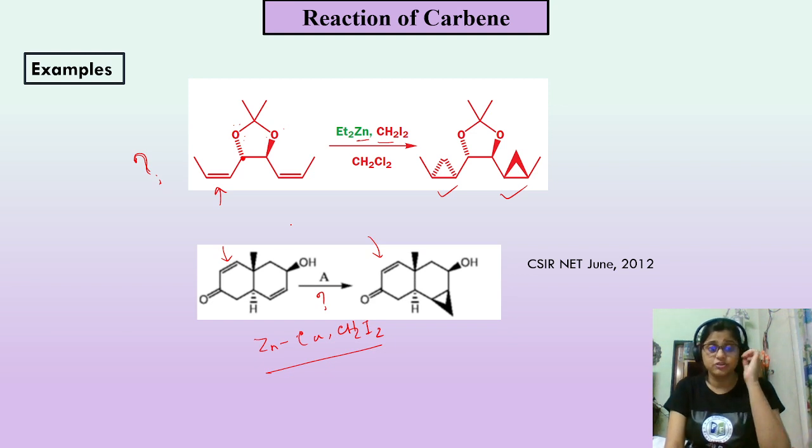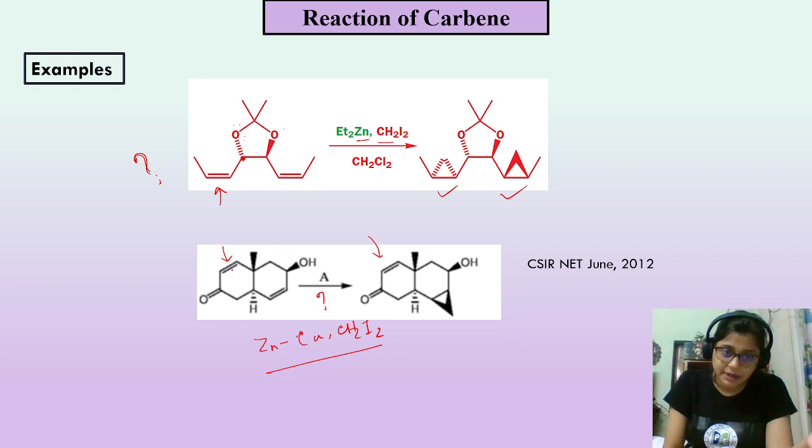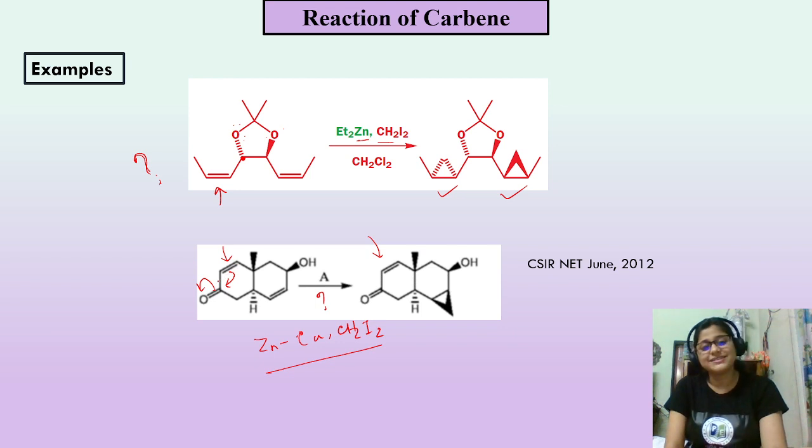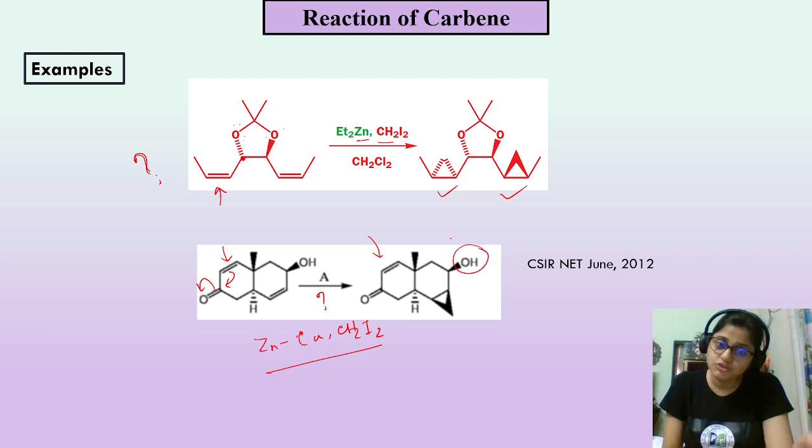It needs higher electron density, but here, if you see, this double bond goes to here. It is involved in delocalization, and the delocalization decreases its electron density, so it cannot attack efficiently. So that's why this double bond will attack at a faster rate, and chelation is one other factor here. So both factors favor the cyclopropane ring formation here.